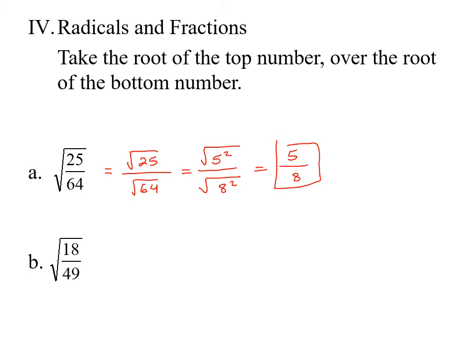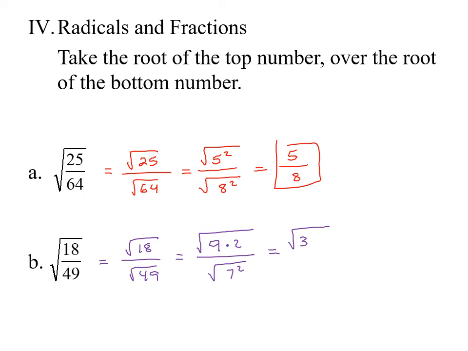Now sometimes the numbers don't come out quite that nice. Like on part B, I would have the square root of 18 over the square root of 49. The 18 is not a perfect square. It is 9 times 2. Square root of 49 is 7 squared though.